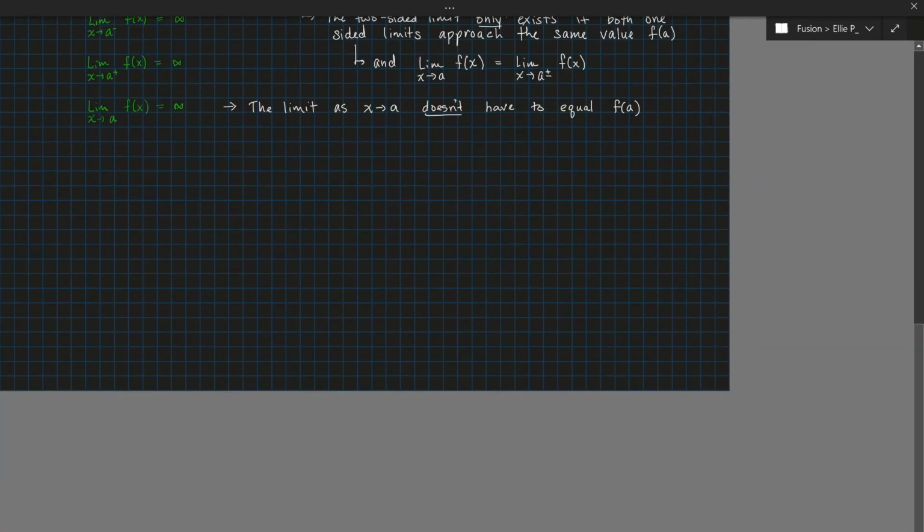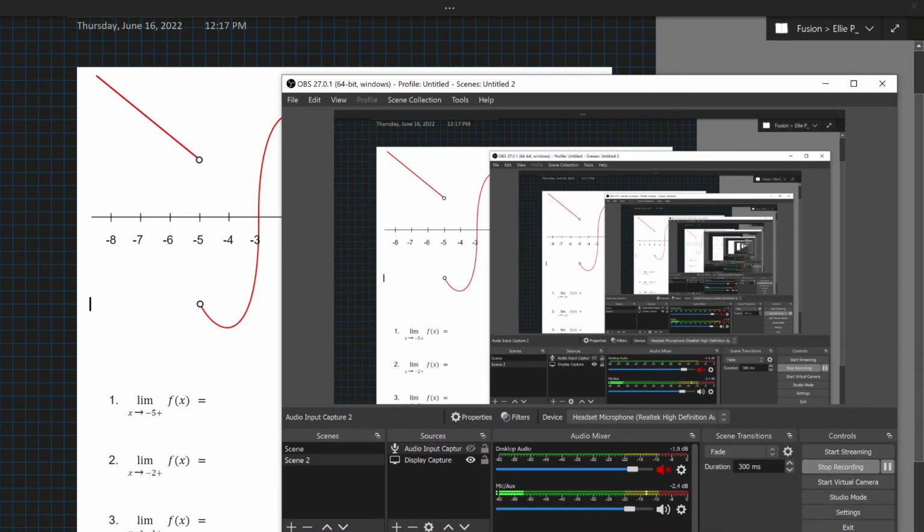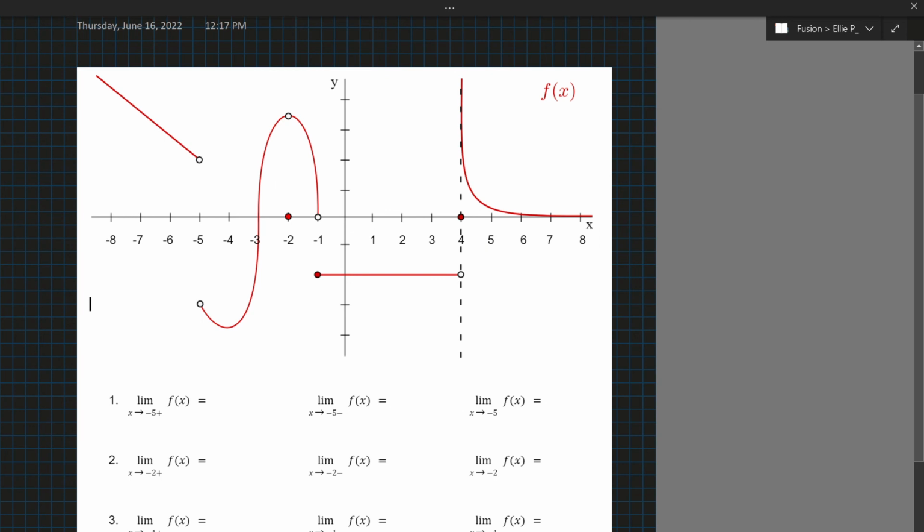Let's do some other examples. So for -5, the positive side, where am I going to draw it? Coming from the right. Show me. Down.